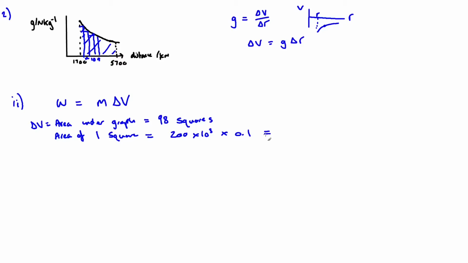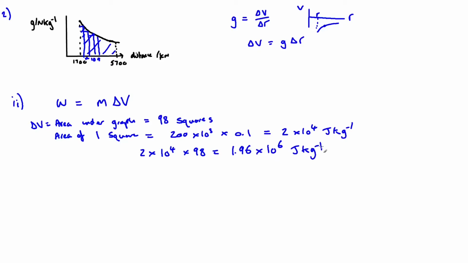And so, if we work that out, we're going to get 2 times 10 to the 4 joules per kilogram. That's for one square. We then need to multiply that by 98, because we have 98 squares, not 1. And we will get 1.96 times 10 to the 6 joules per kilogram.